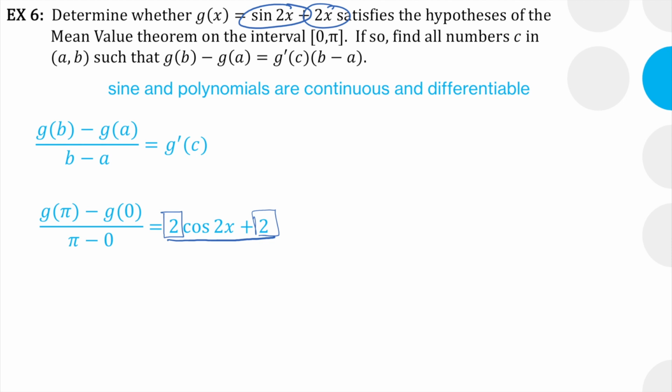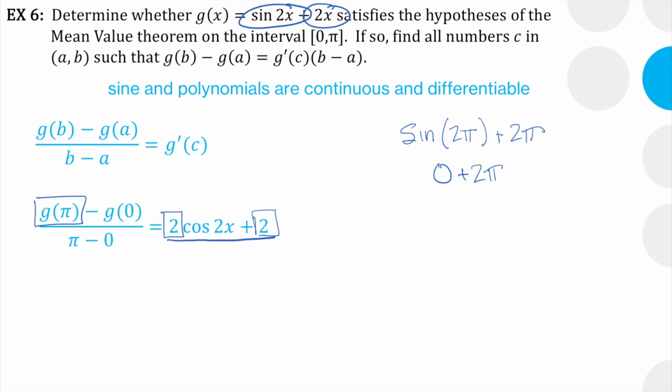Now let's see, what is g of pi? So the sine of 2 pi plus 2 pi. Sine of 2 pi is 0. So that's going to be 2 pi.